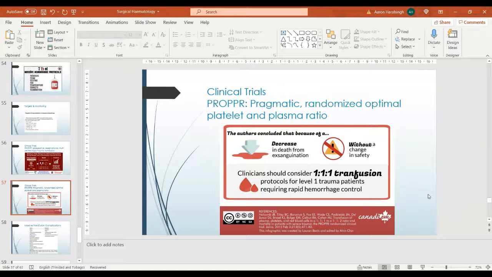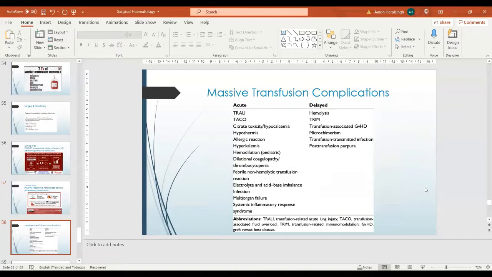However, there was a decrease in deaths from exsanguination within the first hour of the patient's arrival, and no difference in the safety. So it is generally recommended that a 1 to 1 to 1 protocol be adopted for rapid hemorrhage control in massive transfusion.